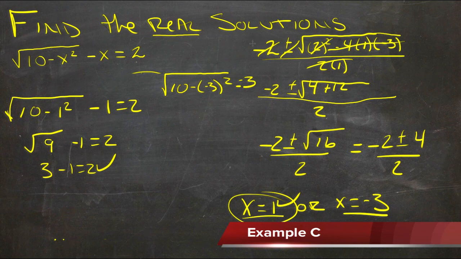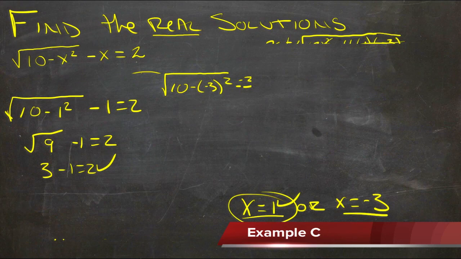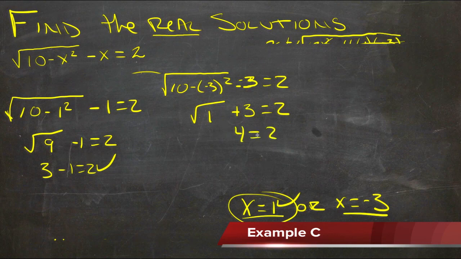So negative 3 squared is 9, so we have 10 minus 9, so that's the square root of 1, minus negative 3, so plus 3 equals 2. The square root of 1 is 1, plus 3 is 4, and 4 does not equal 2. So this answer is extraneous.